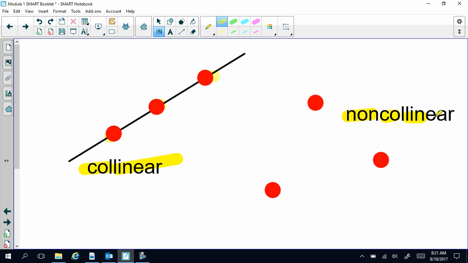Non-collinear means not together on a line, and these 3 points here are non-collinear. It's important that when we talk about our 3 points, like in naming a plane, that we distinguish between collinear and non-collinear, because you cannot define a plane with 3 collinear points. It has to be 3 non-collinear points. And again, it's a lot of vocabulary, but most of it makes sense if you break it apart.